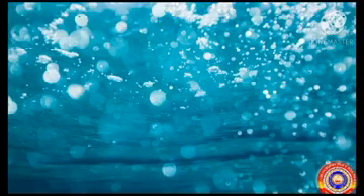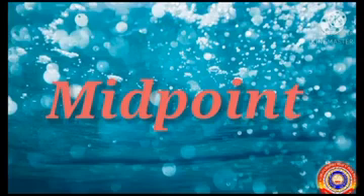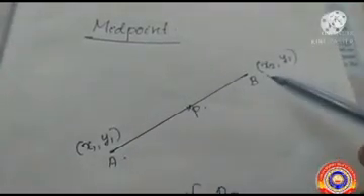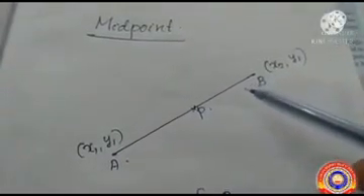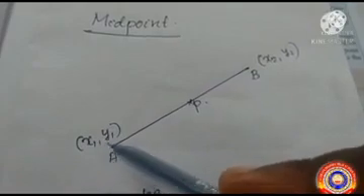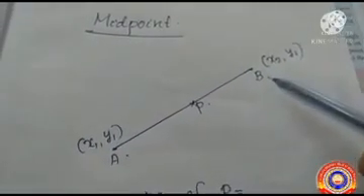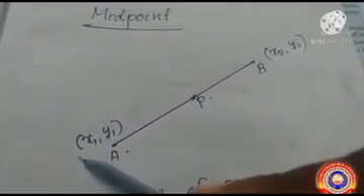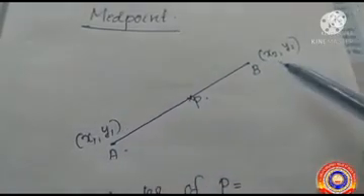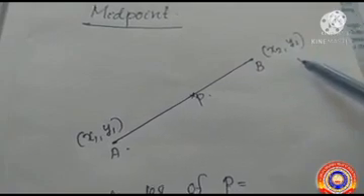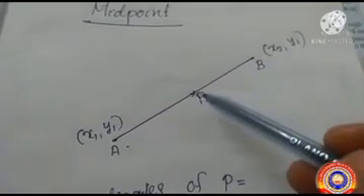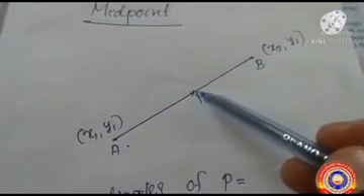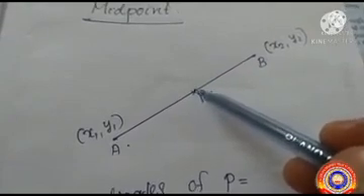Next we are going to discuss about midpoint of a line. Here A and B are the vertices of the given line. Coordinates of A is equal to (x1, y1) and coordinates of B equal to (x2, y2). P is a midpoint of AB.